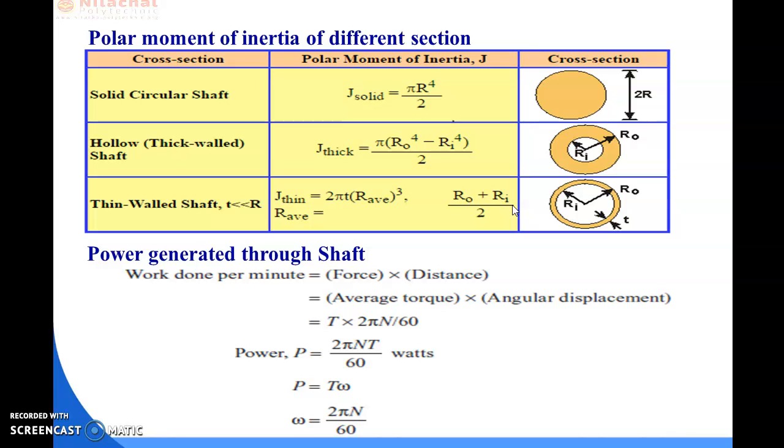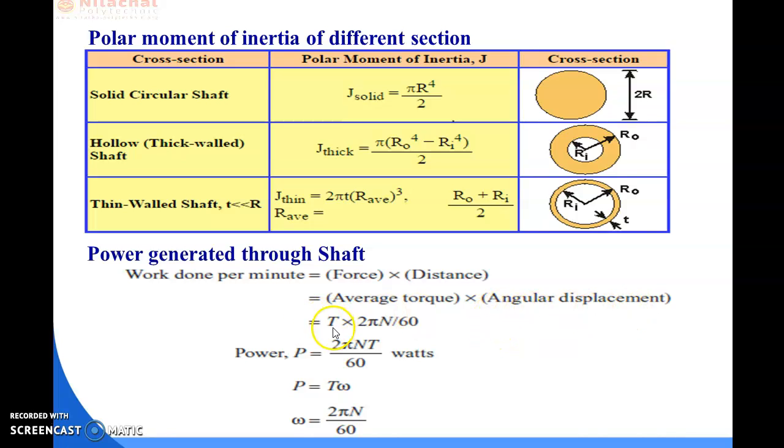After that, another term is the power generated through the shaft, which is denoted as capital P. As we know, P is equal to force into distance, but in case of torsion, the force is the average torque and the distance is the angular displacement.